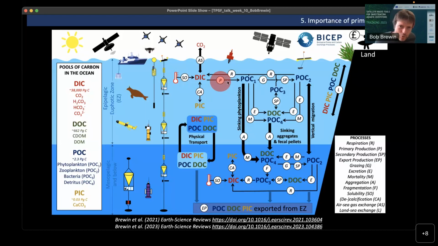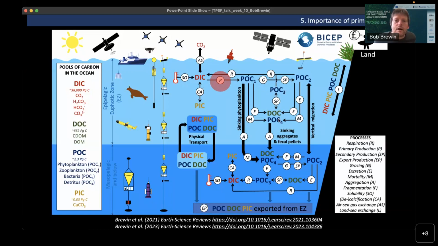Now, this little process in the middle arguably is driving a lot of this much larger ocean carbon cycle. The production produced by phytoplankton then gets consumed by zooplankton. You then have a whole suite of quite complex processes where bacteria are breaking down some of that carbon. There's a lot of respiration going back in the form of DIC.